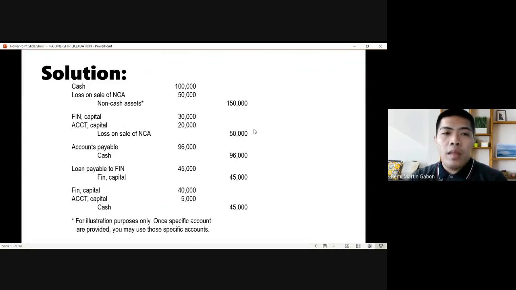Then payment of liabilities: debit accounts payable, credit cash for 96,000. Then right of offset, settlement of the loan: debit loan payable to Fin, then credit Fin Capital, 45,000. Then afterwards, settlement of the remaining cash: debit Fin Capital, 40,000, Act Capital, 5,000, and credit cash for 45,000.